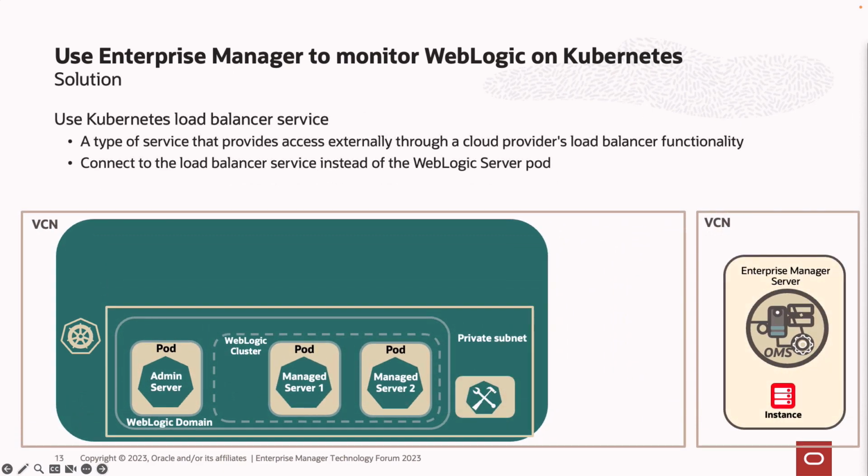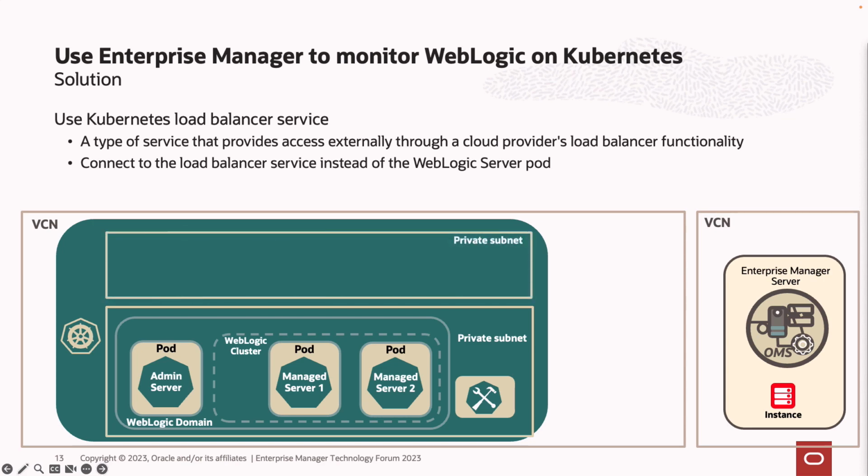Our solution to resolve these problems is to use the Kubernetes load balancer service. To do so, first you will create a new private subnet within the VCN. Then within the subnet, create Kubernetes load balancer services that connect to WebLogic servers. The way it works with a load balancer service type is that the service becomes accessible externally through a cloud provider's load balancer functionality.